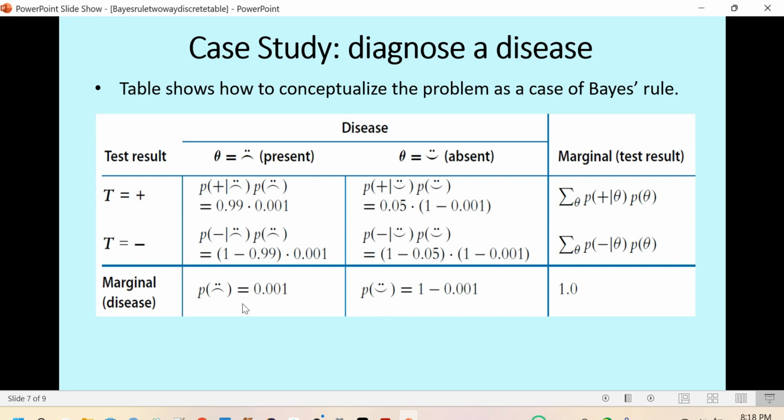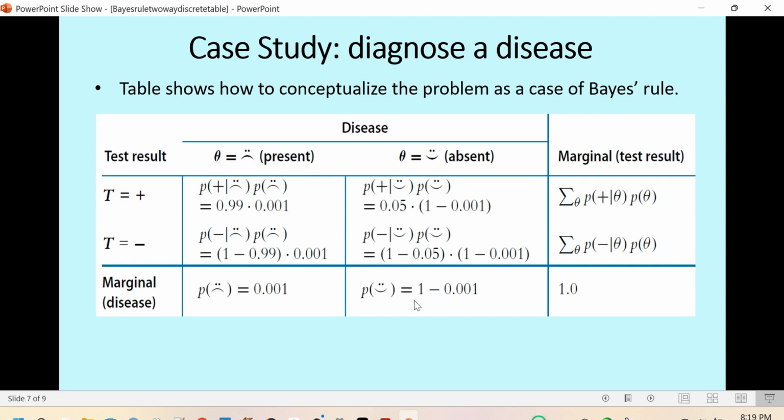Now we will calculate the conditional probability of having the disease given the test is positive. If this person gets the positive test result, what is the probability that he has the disease, right?